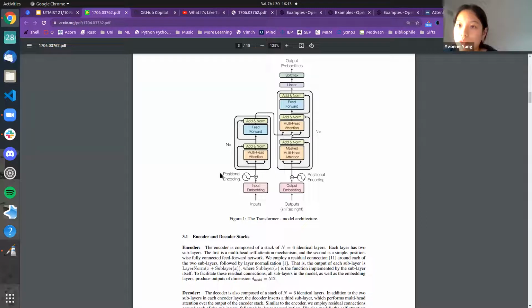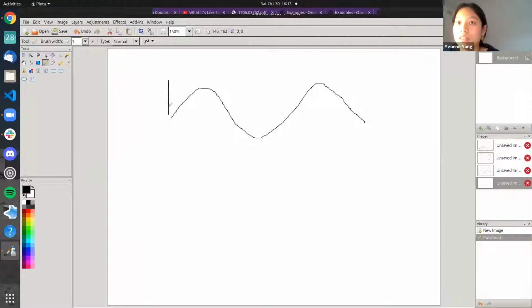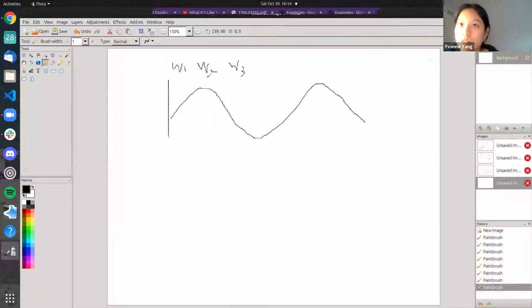So if you have a sine wave like this, then you want to map the input words based on their position in the text. So for example, this is word 1, word 2, word 3, and you want to map that position to some value on the sine wave.